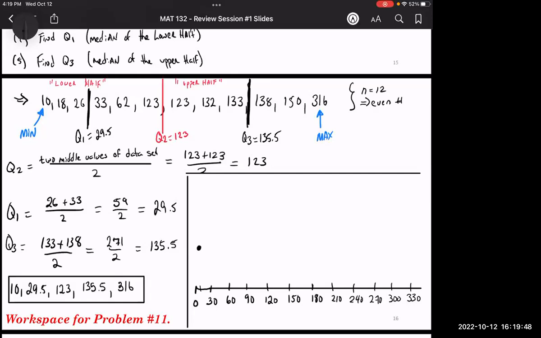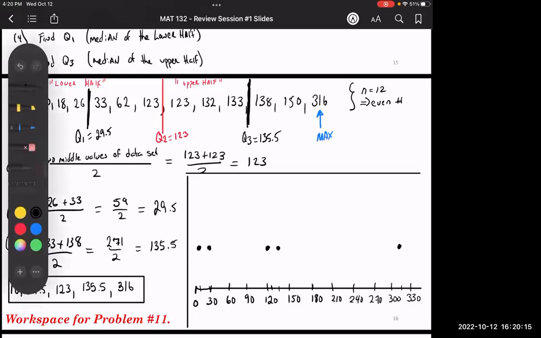Q1, which is 29.5, should be close to 30. 123 is close to 120, to the right of the 120. 135 is somewhat smack in the middle. And lastly, 316, which is somewhat halfway between 300 and 330. So those are your 5-number summary plotted.